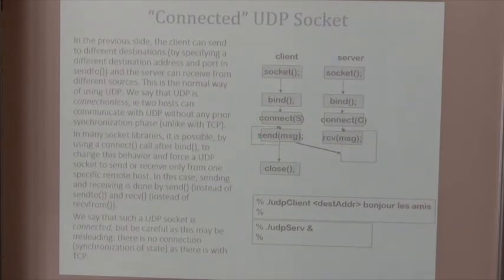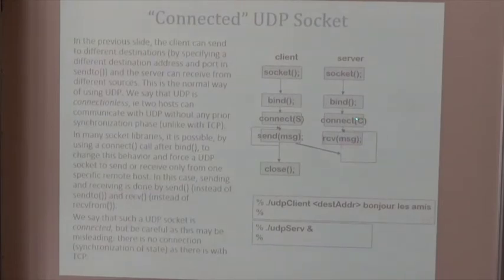Connect the socket means associate once and for all that the destination address for this socket is the one I am giving now, and the destination port number. So a connected socket can be used with a send instead of sendto, and if you use send, it will automatically go to this one. And conversely, on the receiving end, if you receive on a connected socket where you've said whom you would like to receive from, then you receive only from this one.